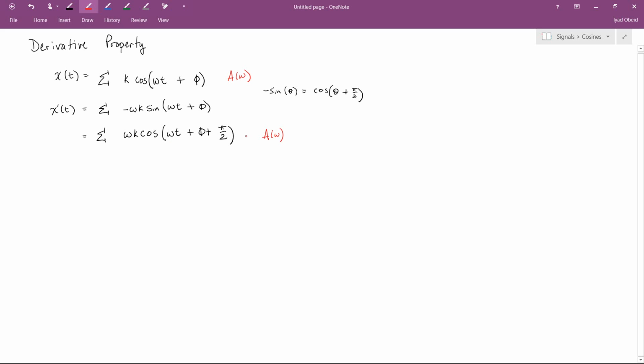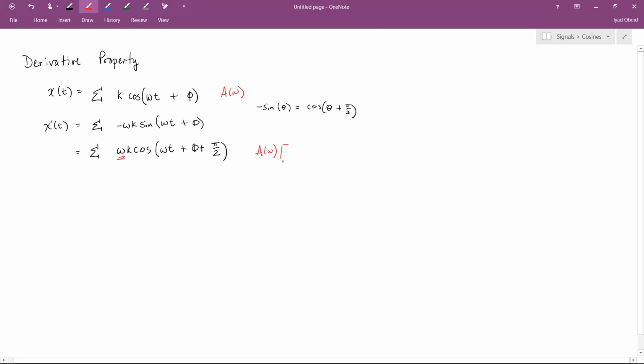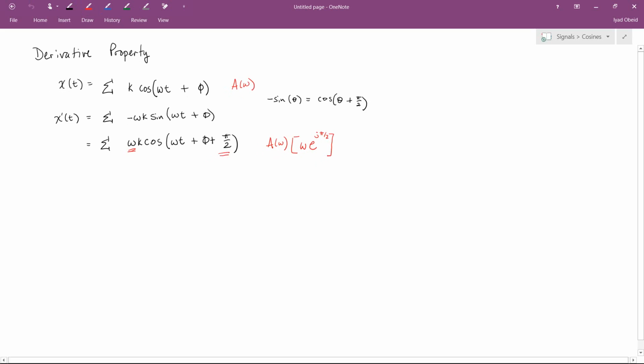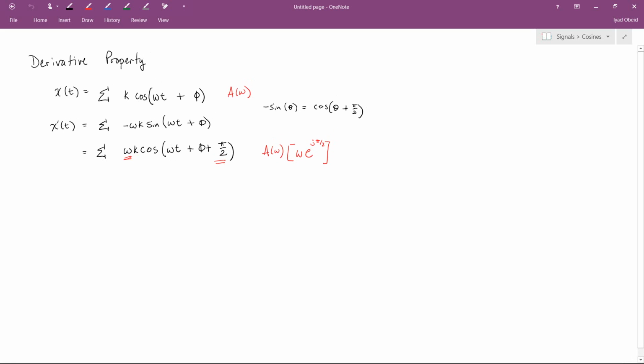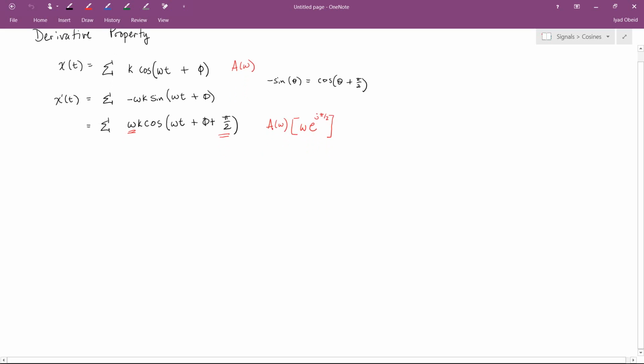The only difference is that the amplitudes have been made larger by a factor of omega, and their phases have been adjusted by pi over 2 radians. So in other words, taking a derivative with respect to time has a very predictable outcome in the frequency domain.